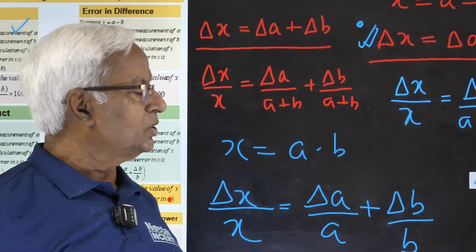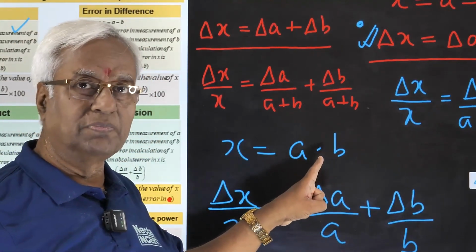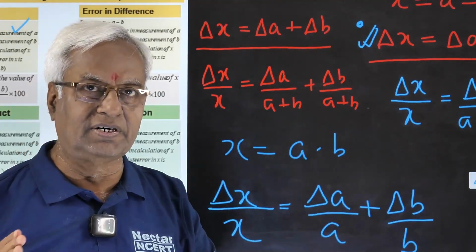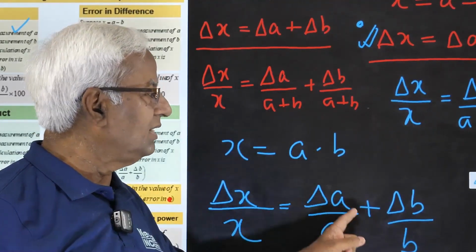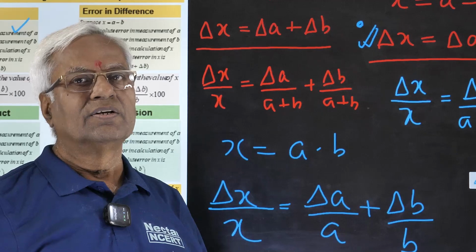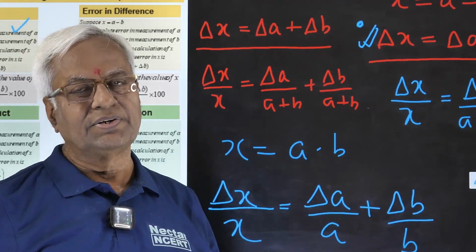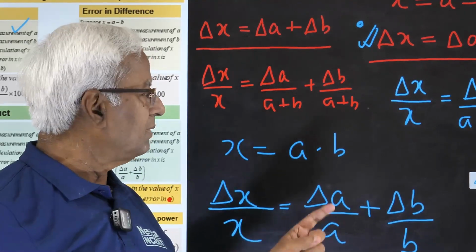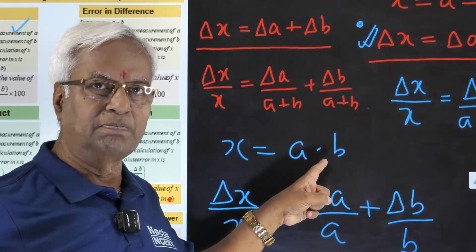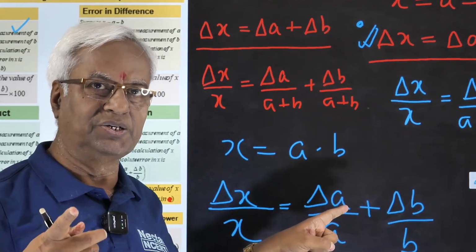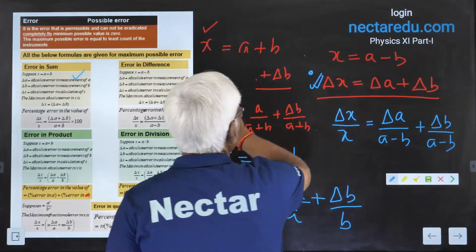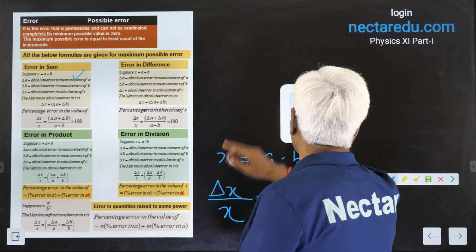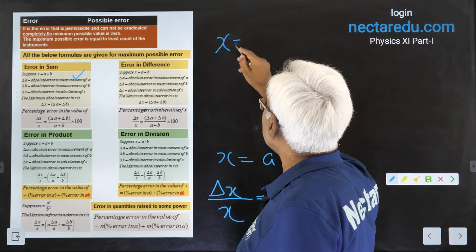You see, the sign, the symbol of multiplication was simply converted into addition while dealing with error. Again, I'll repeat it, that if we are finding the relative possible error, we have to convert simply the process of multiplication into addition.